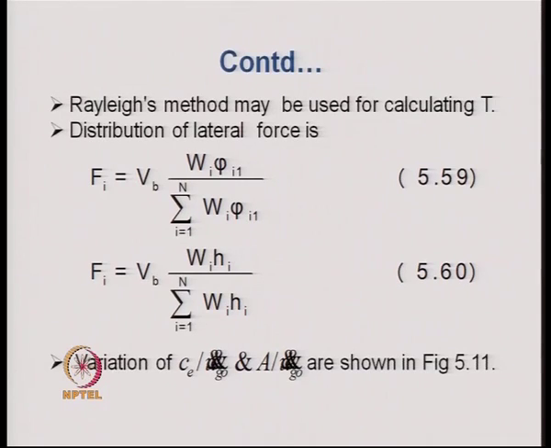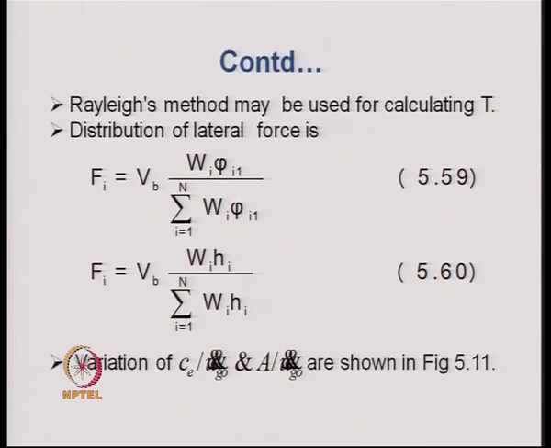Distribution of the lateral force follows the same pattern as the National Building Code of Canada, that is Hi having a power of unity, that is k is equal to 1.